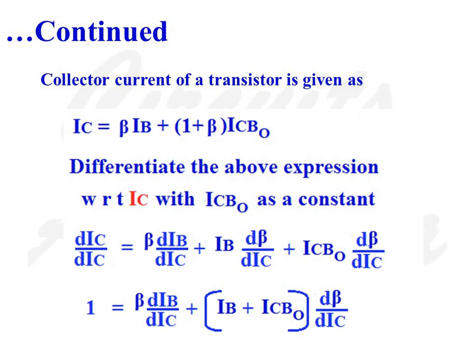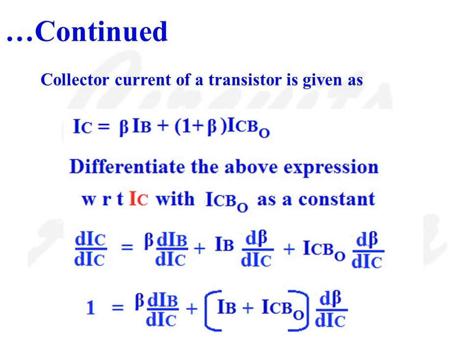So we know that collector current IC is equal to beta IB plus 1 plus beta into ICBO. Differentiate the above expression with respect to IC with ICBO as a constant.